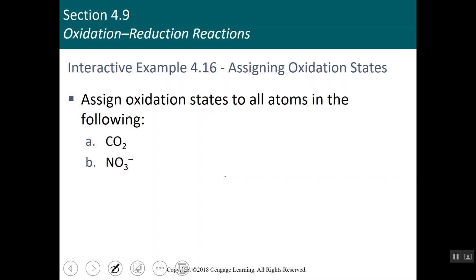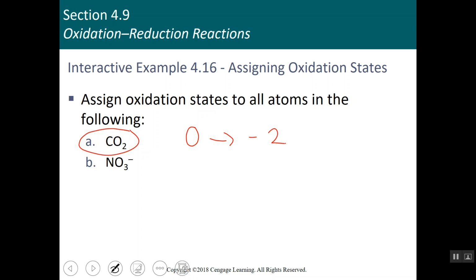So according to that last slide, if we look at A here, we're going to look at carbon dioxide. According to that last slide, oxygen should always be assigned a -2. So in this example, oxygen is going to be -2. Now, how many oxygens do we have?